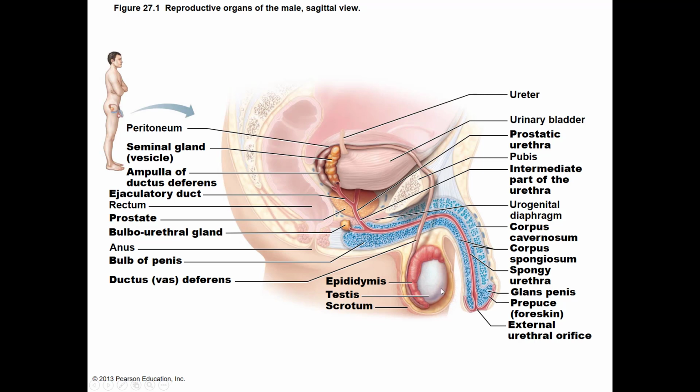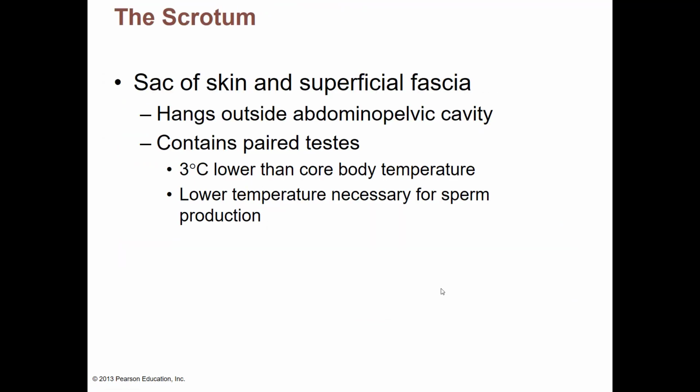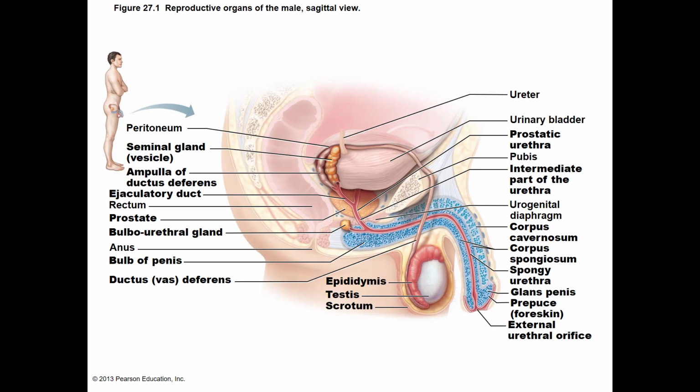The scrotum is a sac of skin with some superficial fascia underneath. The interesting part about the scrotum is that it hangs outside of the abdominal pelvic cavity, where you have all of your basic digestive organs. It seems foolish that it's not protected as the rest of our organs are, but there's a reason for that.